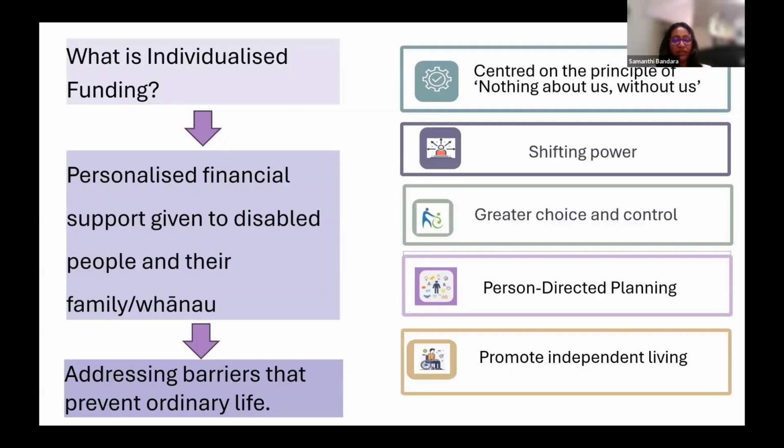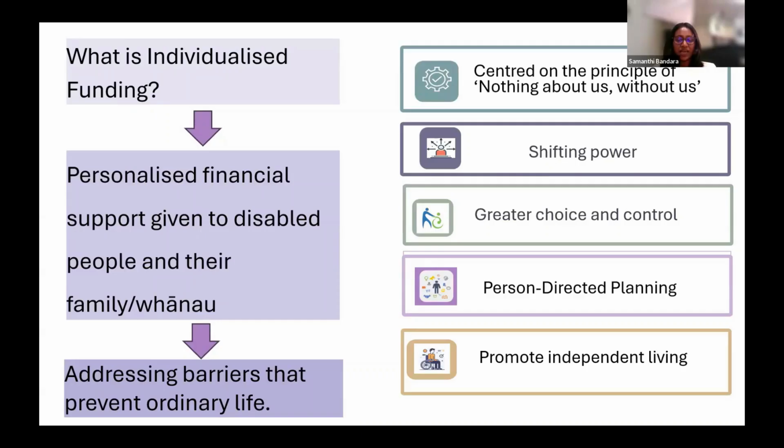Then I will explain a little bit about the key features of this funding mechanism, which is centered on the principle of nothing about us without us. You may have heard about this. The decision-making power shifted from organizations and institutions to disabled people and their families and whānau.